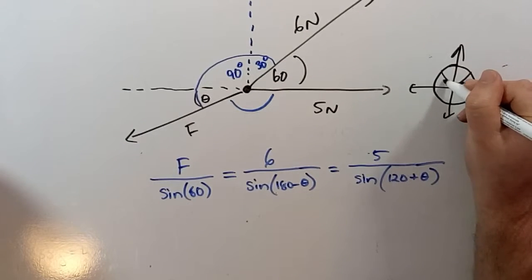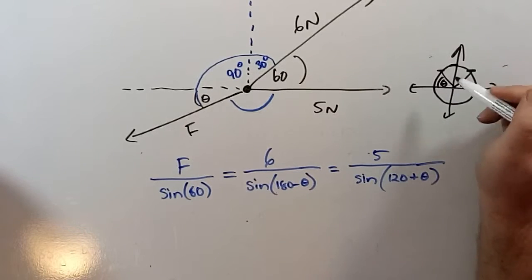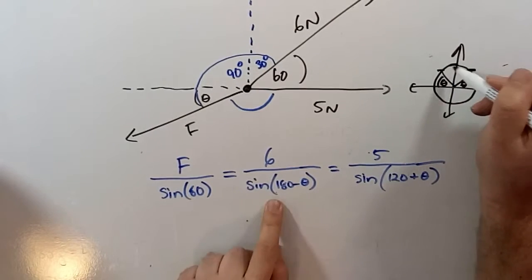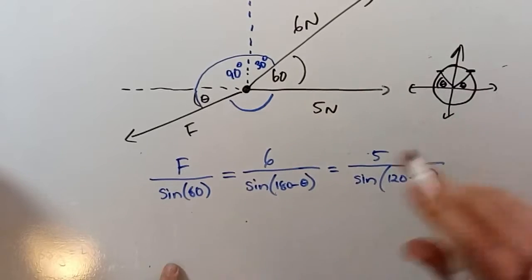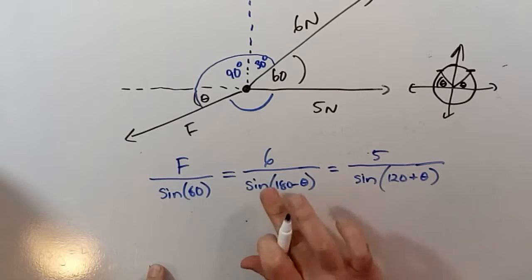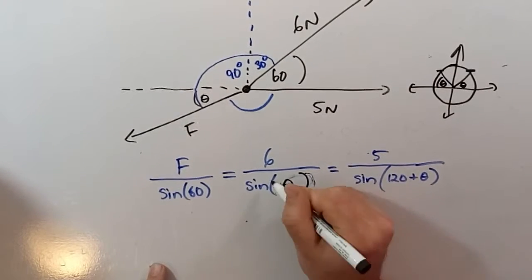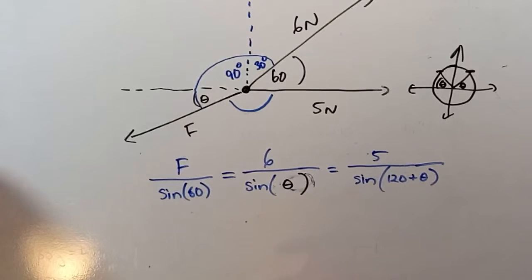If we've got theta and 180 minus theta, these get to the same height, or the same sine values. So 180 minus theta is the same thing. So this is going to become just normal theta. Okay, 6 on sine theta. 120 plus theta, I'm not really sure, so let's just leave it like that. That's fine.